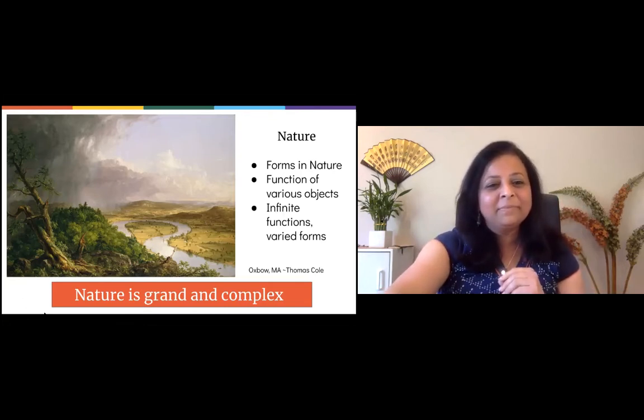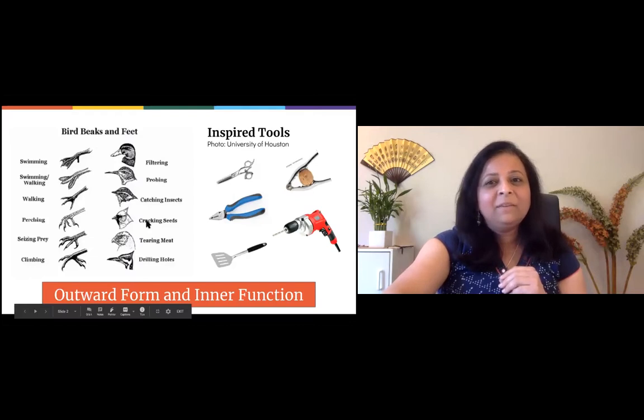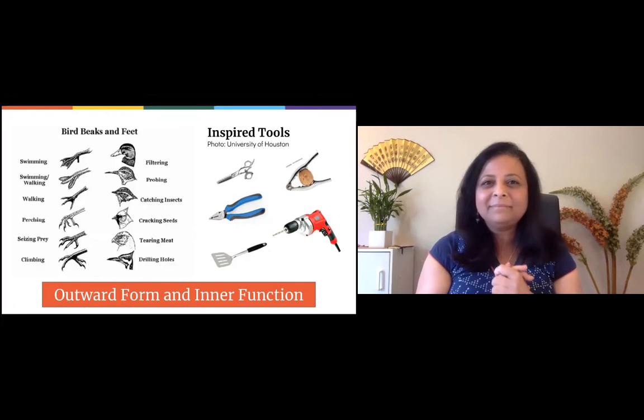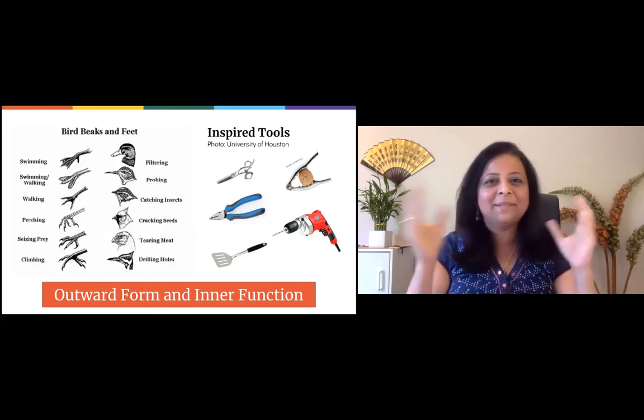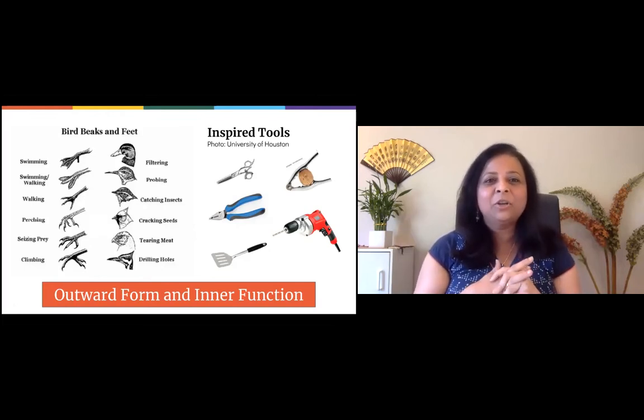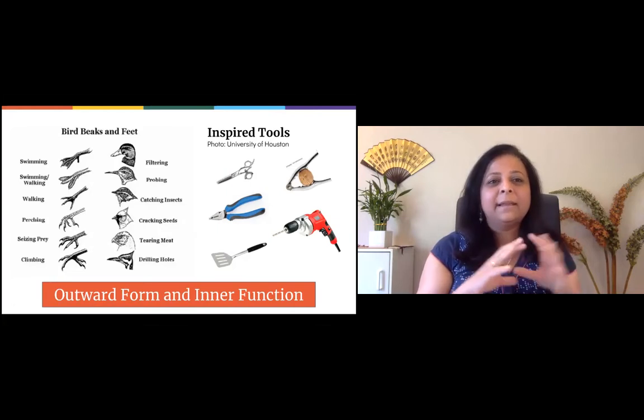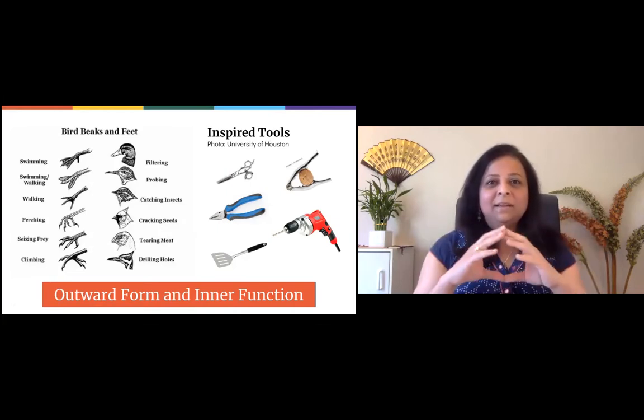So here is a lesson that we do with our students. Our science teacher, whenever we study a unit on birds, often does a lesson on the features of a bird's beak and talons, and how they are adapted.